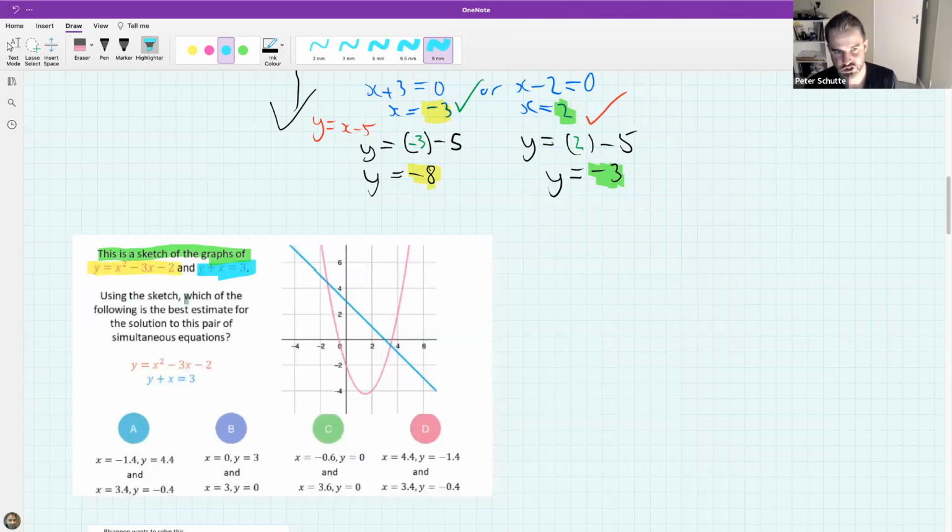Use the sketch to estimate the solution to the pair of these simultaneous equations. So basically they're saying, use the sketch here to help you find the solution of these two equations. Or another way of saying that is to find the intersection point of these two equations. I'm going to give you some time to think about how to do that, and then pop your answer in the chat when you're ready.